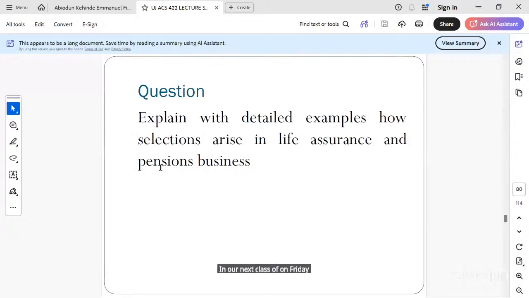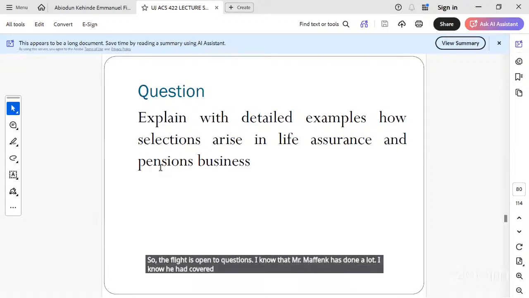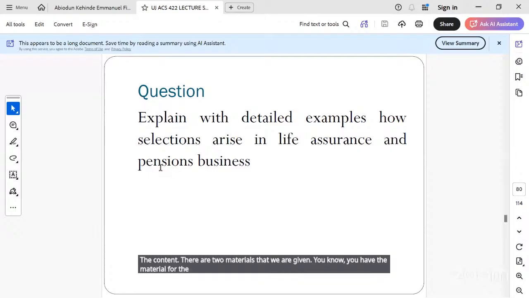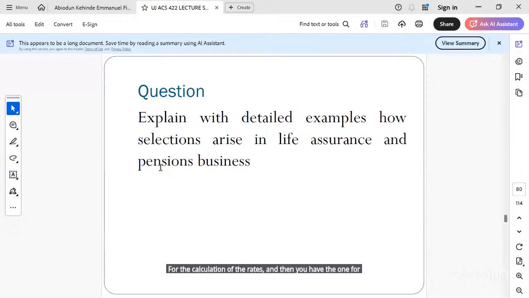So the floor is open to questions. I know that Mr. Mafeng has done a lot. I know he had covered substantially, if not all, the content. There are two materials that we were given. You have the material for the calculation of the rates, and then you have the one for the morbidity.